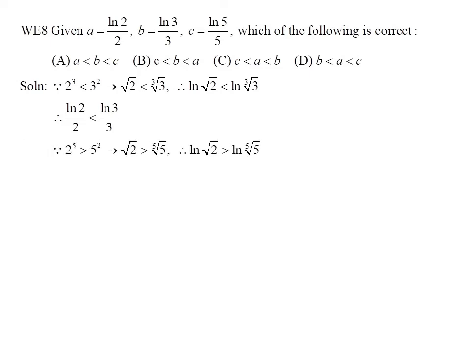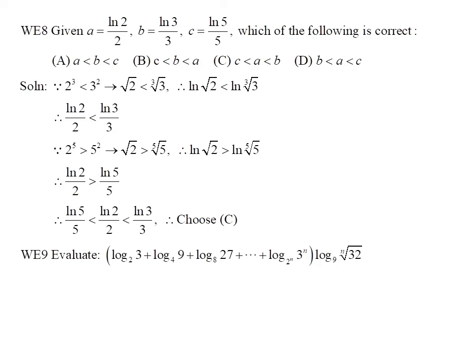Since 2 to the 5th is greater than 5 squared, which implies that square root 2 is greater than 5th root of 5. Therefore, natural logarithm of square root 2 is greater than natural logarithm of 5th root 5. Hence, natural logarithm of 2 divided by 2 is greater than natural logarithm of 5 divided by 5. Based on the above, the correct statement is C: c is less than a, which is less than b.